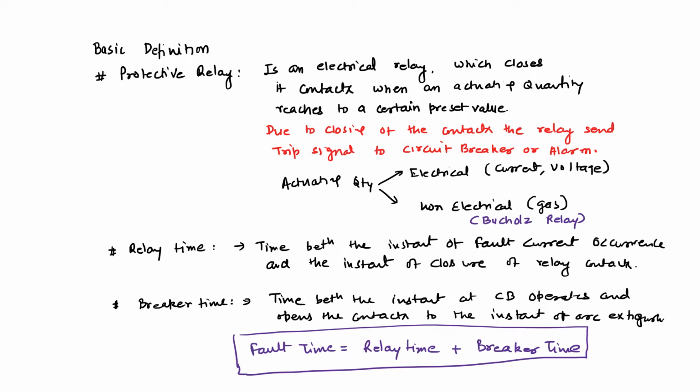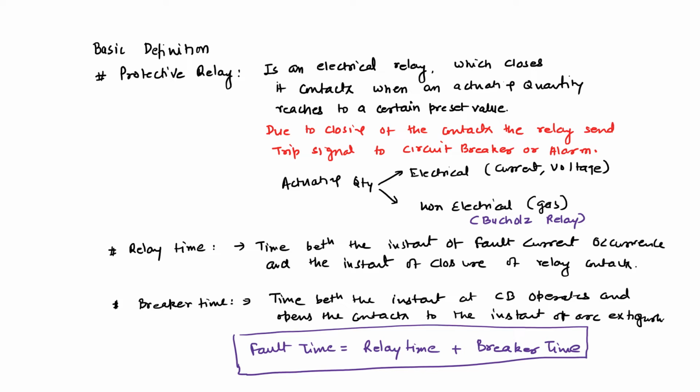There is also a non-electrical quantity which comes under your syllabus, that is the Buchholz relay, which is actuated by gas. This is the only relay we will study which has an actuating quantity other than electrical current and electrical voltage.